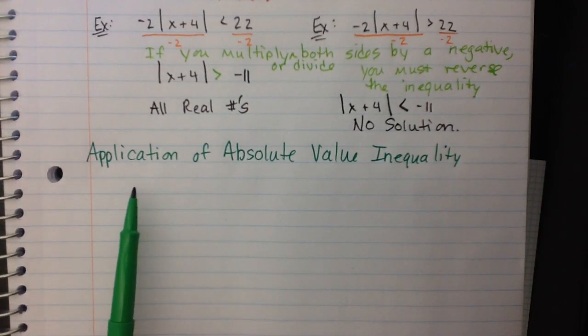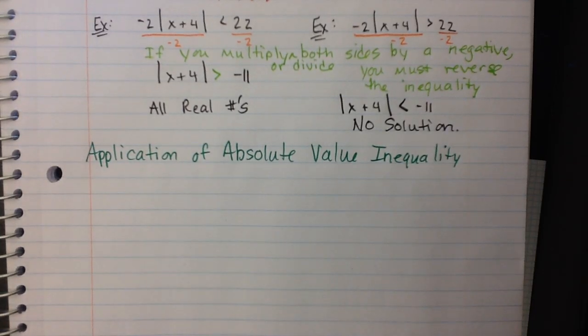The type of problem that you could use this for would be, let's say I want the size of my pretzel to be 12 centimeters, and I'm willing to be wrong by 1 centimeter.